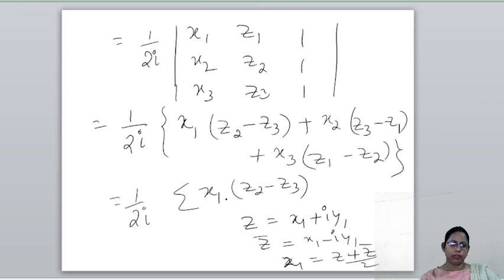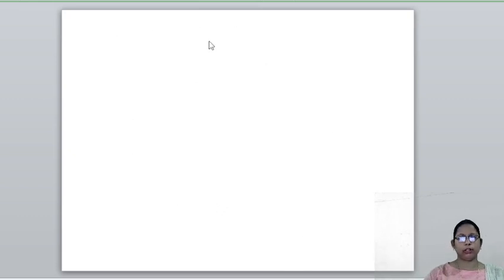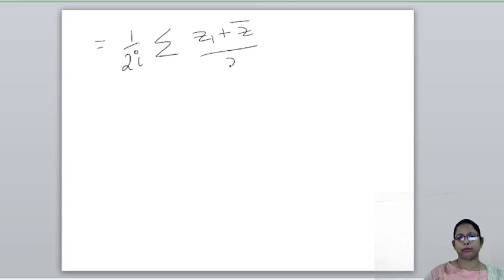Putting this value instead of this x1, in the next step I will get 1 by 2i sum over z1 plus z1 conjugate by 2 times z2 minus z3.